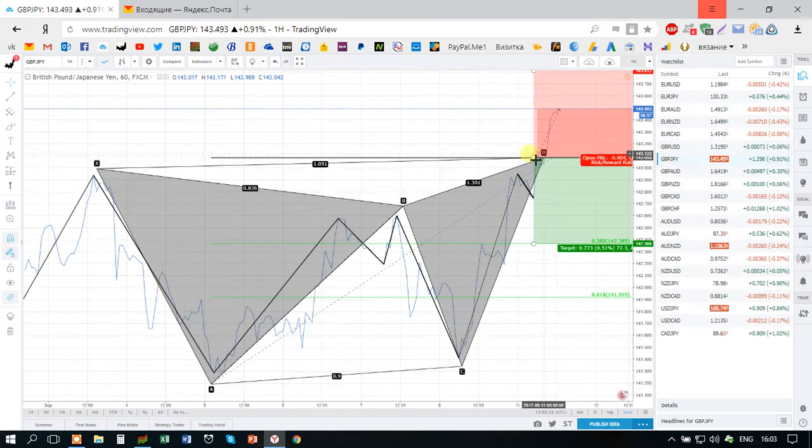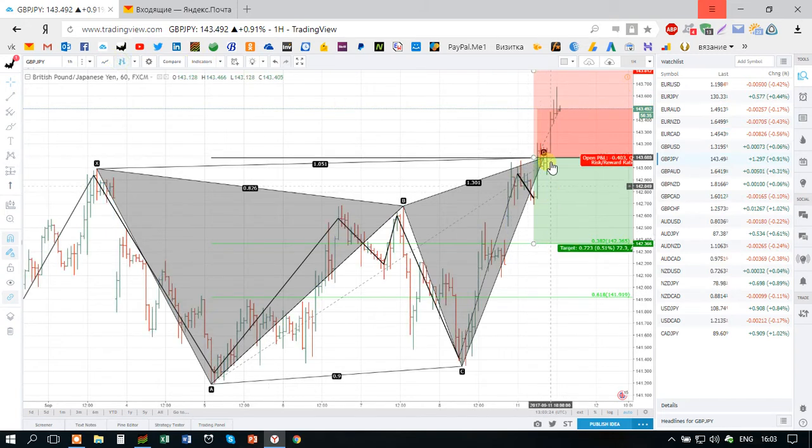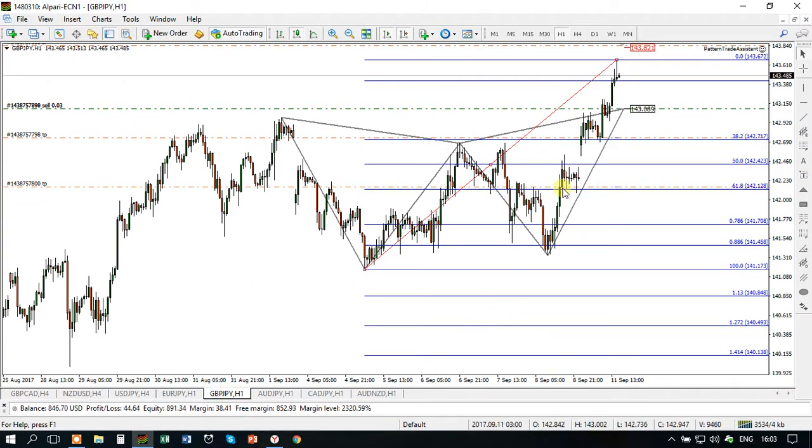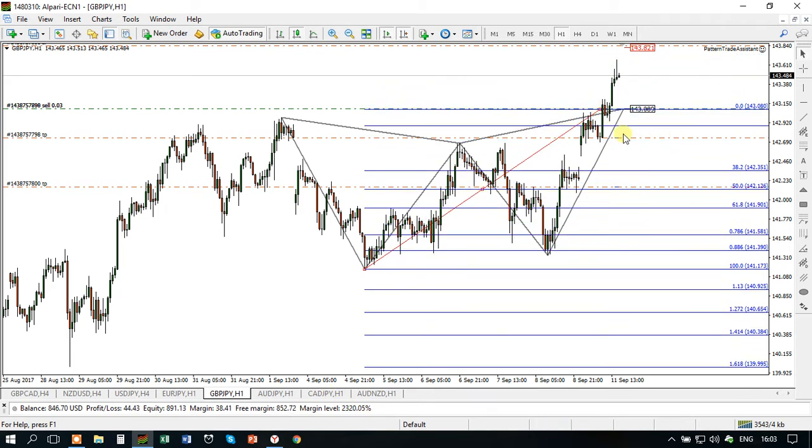Okay, Pound Yen, it triggered and now it goes towards my stop loss. You can see that it goes towards my stop loss, so I don't know how long it will go before it reverses. I don't know if it will ever reverse, but you can see these targets. Initially they've been here, 382 and 61A, and now you can see them here.